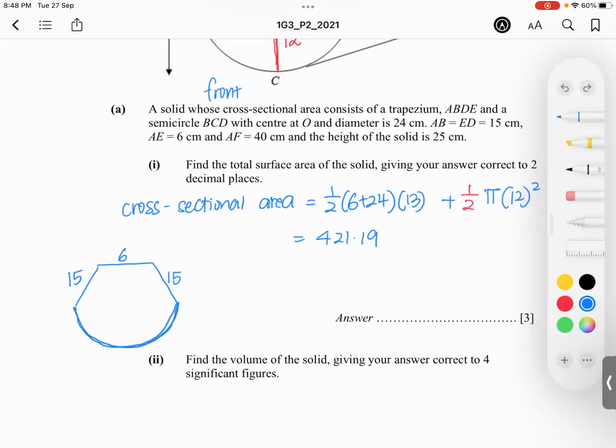The arc length here is on the surface, or rather I'll call it half of the circumference. So this one is half of pi d, the circumference, pi times the diameter, which is your 24. So what we can do is take all this length, the area of my lateral faces.